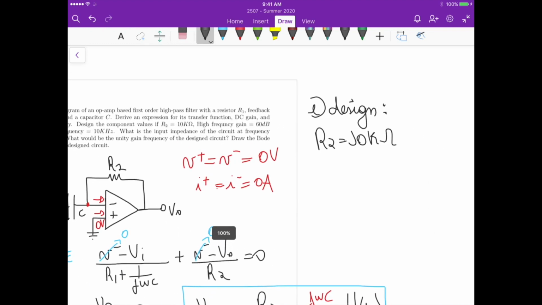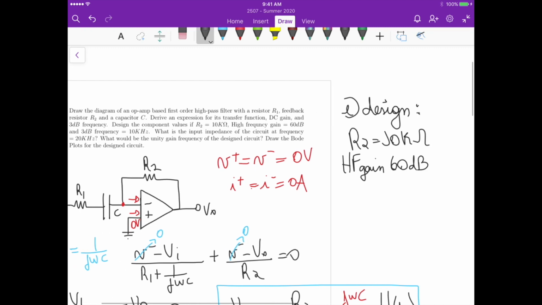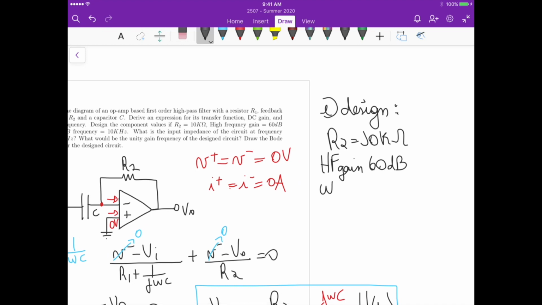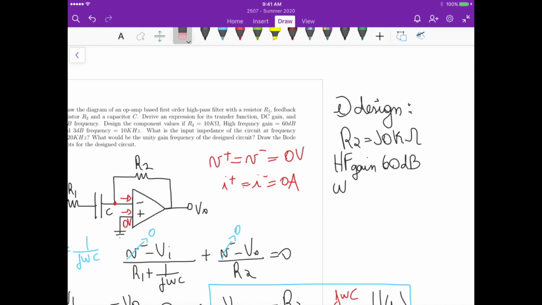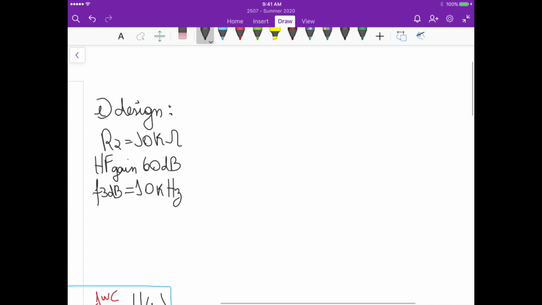We want that to be 60 dB, so a high frequency gain of 60 dB and a 3 dB frequency, I shouldn't call it omega again, so it's just the 3 dB frequency, equal to 10 kilohertz. So those are the constraints of our design.